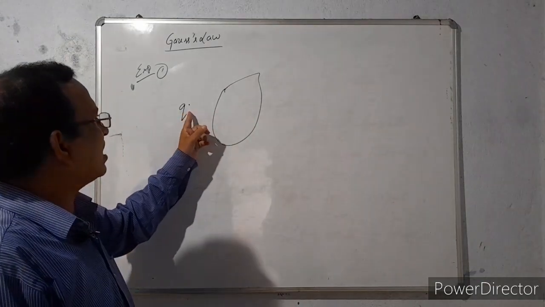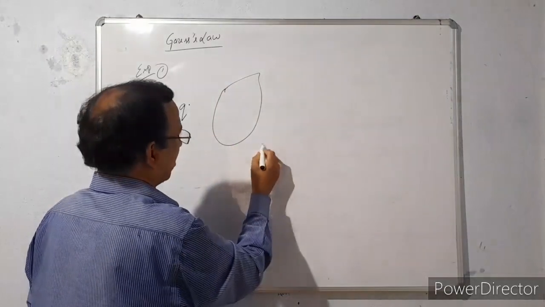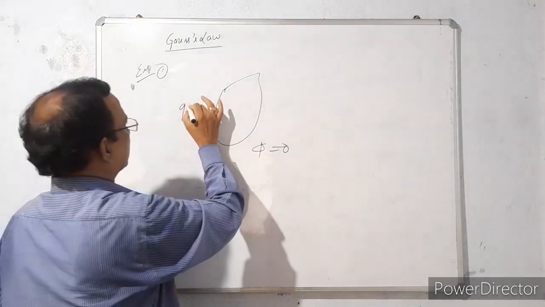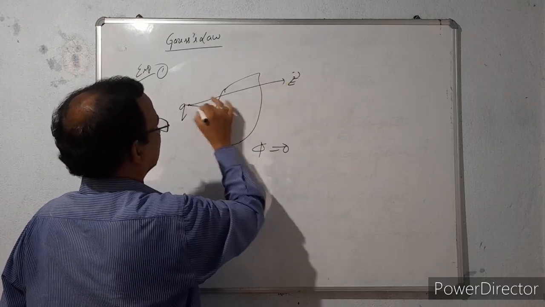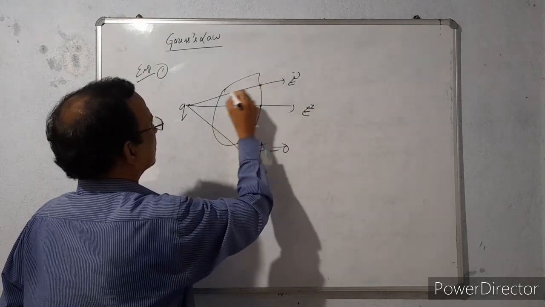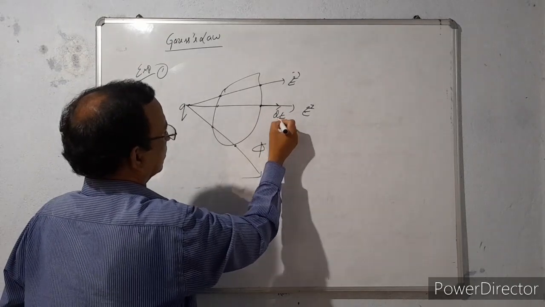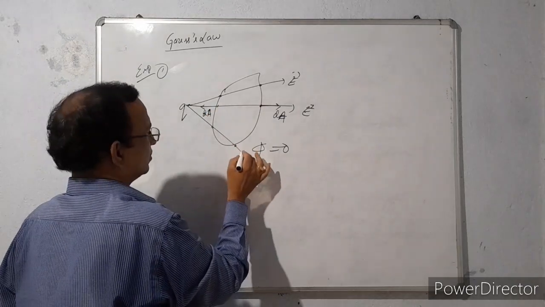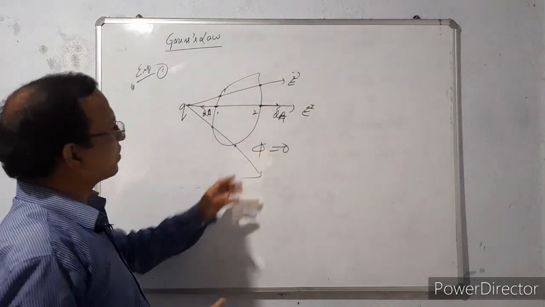As the charge is outside, the flux is 0. Why? From this charge, this is the direction of the E, this is the direction of the E, suppose. This is dA. Suppose this is 1, this is 2. In one example, why is it 0?